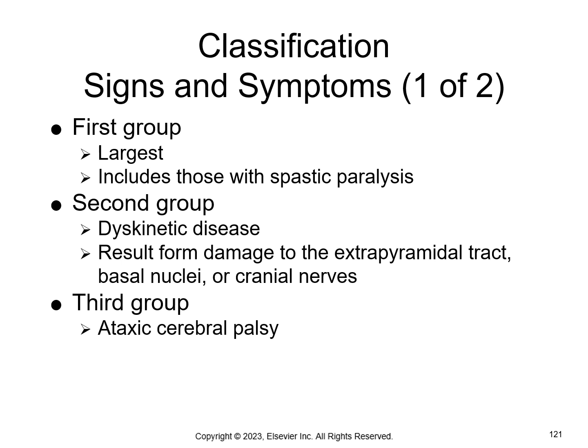The second group is the dyskinetic disease. This results from damage to the extrapyramidal tract, basal nuclei, or cranial nerves. And here the effect is a loss of motor control and coordination and athetoid or choreiform movements. The third group is ataxic cerebral palsy, and this has to do with a damaged cerebellum. The effects will be gait disturbance and loss of balance.